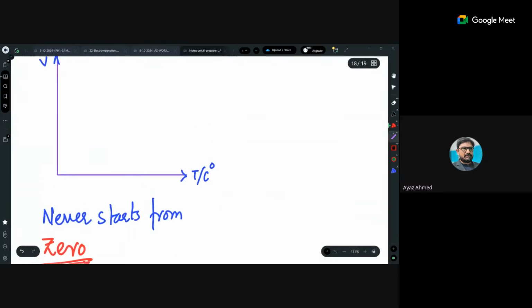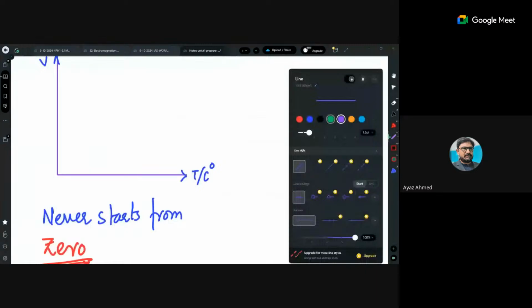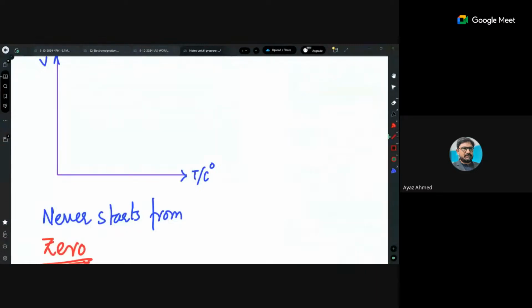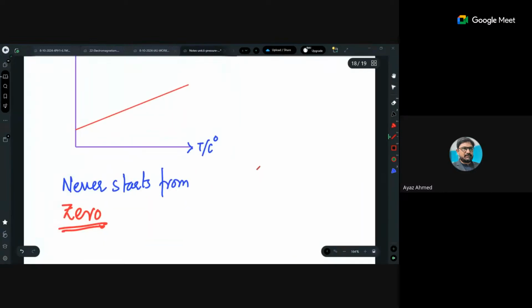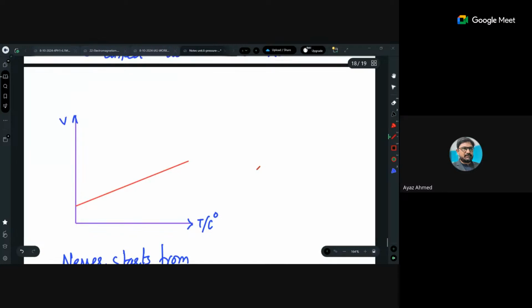It starts from any non-zero value of volume. So we can simply say that this will be the graph. If you are given this graph, remember this thing, it will never be zero.